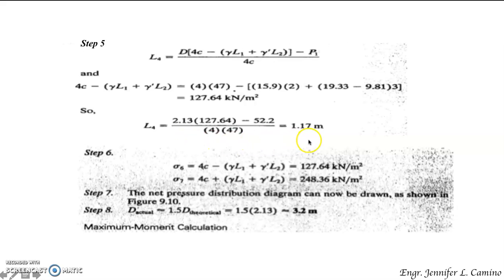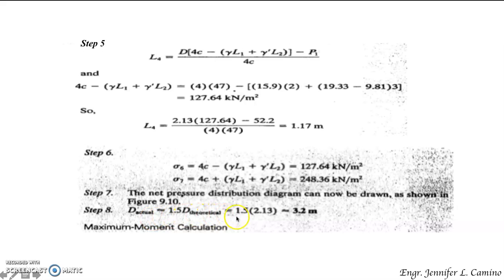L4 now would be equivalent to 1.17 meters, and sigma sub 6 and sigma sub 7 are 127.64 kilonewton per meter squared and 248.36 kilonewton per meter squared. After we have computed for the necessary data to have our pressure diagram, you can now draw the pressure diagram.